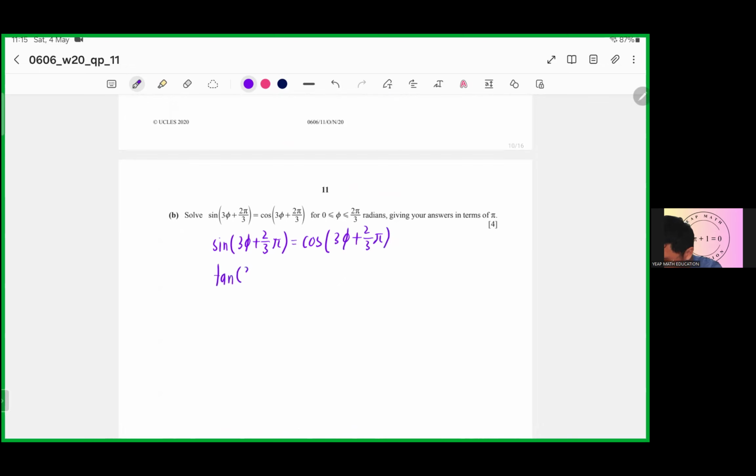Tangent 3θ plus 2/3 equals 1. So now we can do 0 to 3θ becomes 2, 2π, and then plus 2, so 2 over 3.